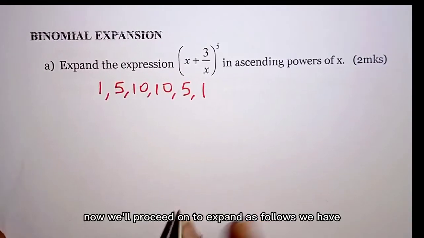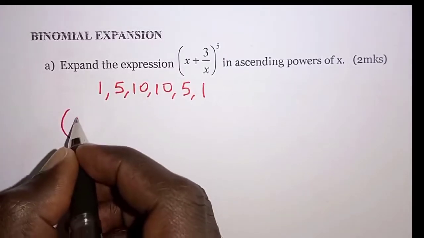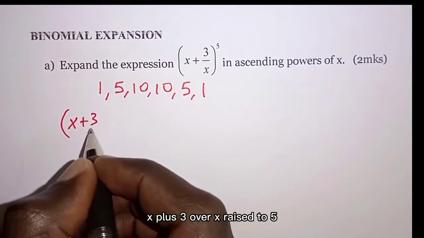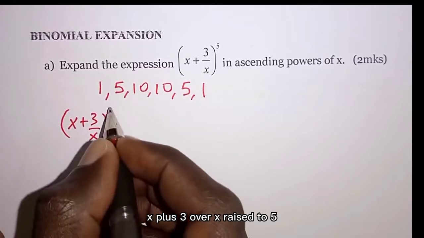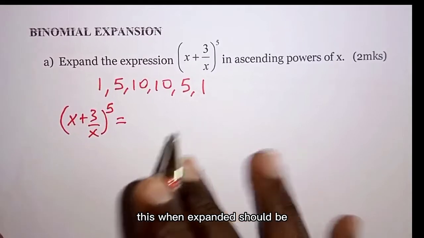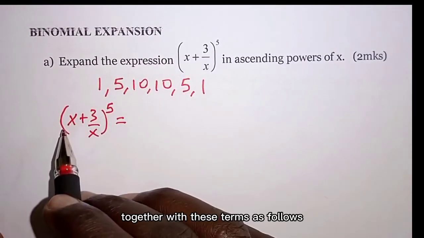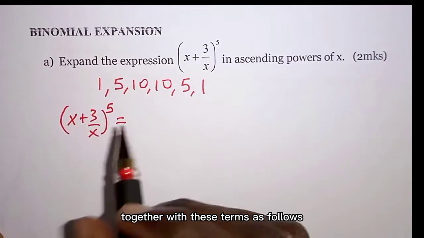Now, we'll proceed on to expand as follows. We have (x + 3/x)^5. This, when expanded, should be: now, I'm going to use these coefficients together with these terms as follows.